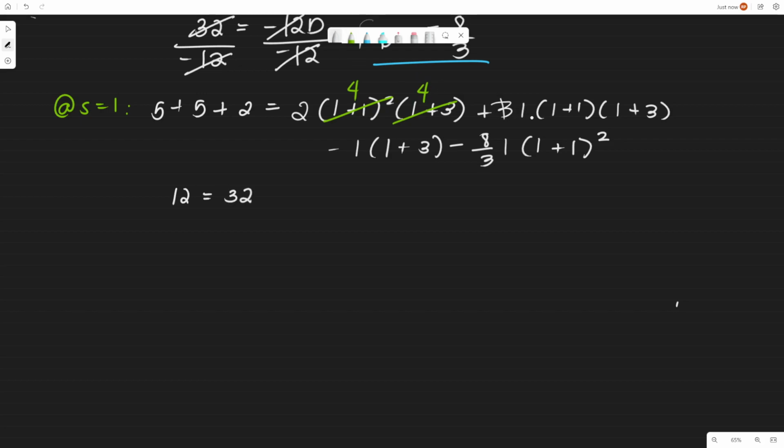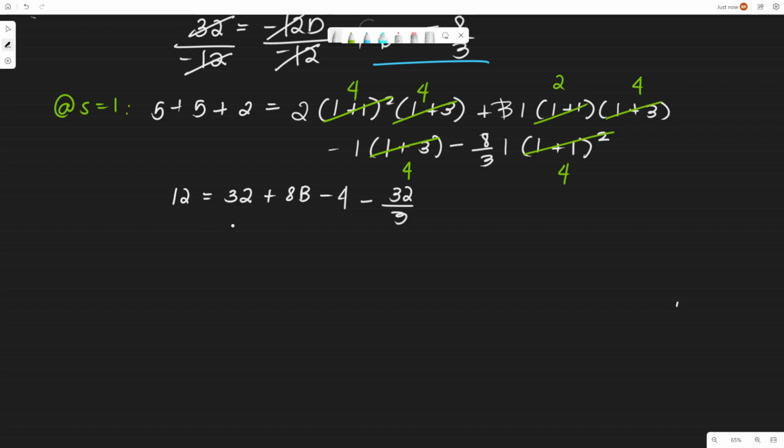Okay, so B times 1, that's 1. This is 2 and this is 4. So we have 8B. Okay, then we have here, this one is 4. So minus 4. Then we have here, this is 4. So 2 squared is 4. So we have negative 32 over 3.